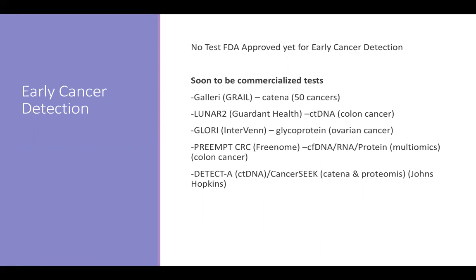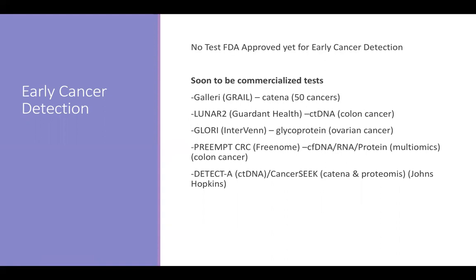The Johns Hopkins group published CancerSEEK in 2018 in the journal Science, and it has pretty decent sensitivity and specificity, and it uses about 8 to 10 common cancer types, and also uses ctDNA and proteomics.